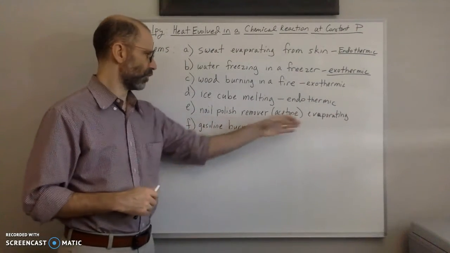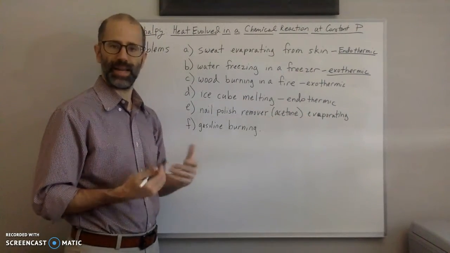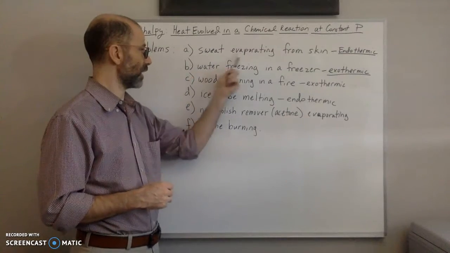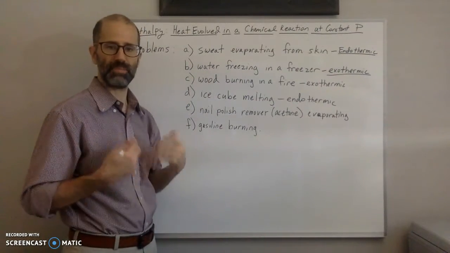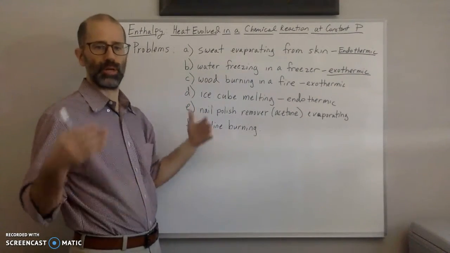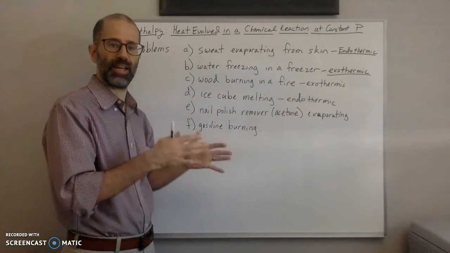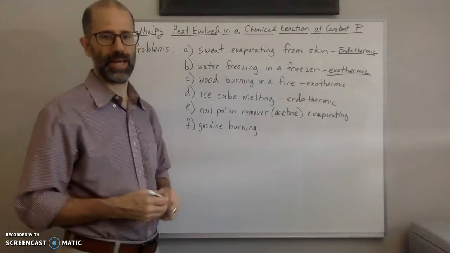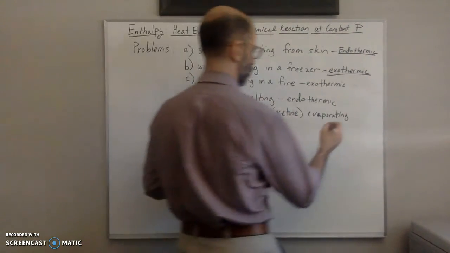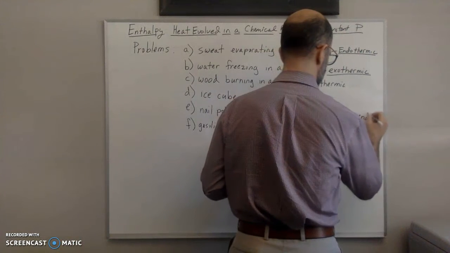Nail polish remover evaporates. Again, it's pretty much the same thing as sweat evaporating. Anytime something evaporates, you need to put energy into it to get it to go from a liquid to a gas. So that is endothermic.